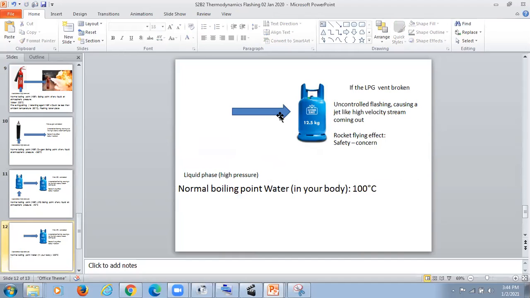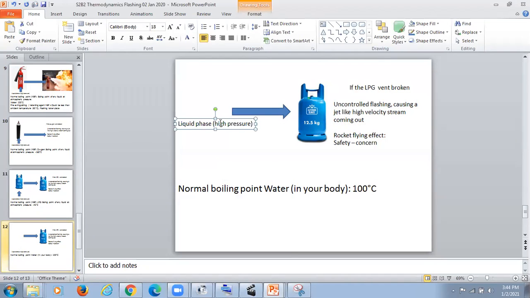Yeah, 80% water, and then you have the high pressure steam. Because steam contains huge, highly energized.